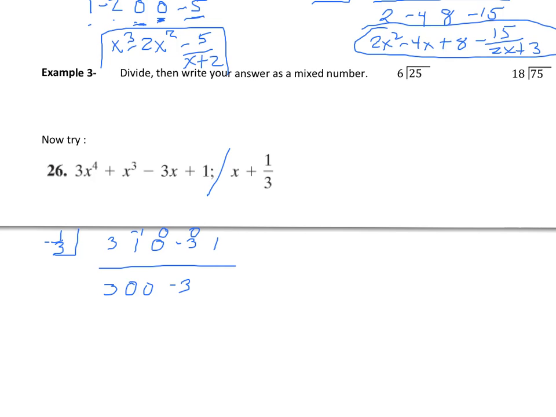Negative 3 times negative 1/3 is positive 1, and we get 2. So now again, remainder, constant, x to the first, x squared, x cubed. So we get 3x cubed minus 3 plus 2 over x plus 1/3. And again, leave it like that.